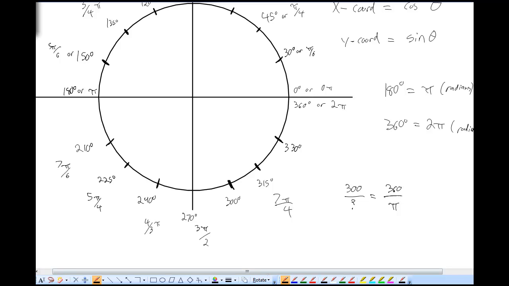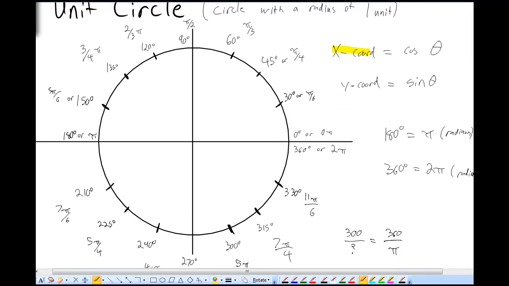That's why we used triangles with a hypotenuse of 1 when we were doing those 45-45-90 and 30-60-90 triangles, because you can draw right triangles inside of these circles. So for the 0-degree angle, we do cosine of 0 for the x-coordinate and sine of 0 for the y. The cosine of 0 is 1, sine of 0 is 0, so you get coordinates 1, 0.